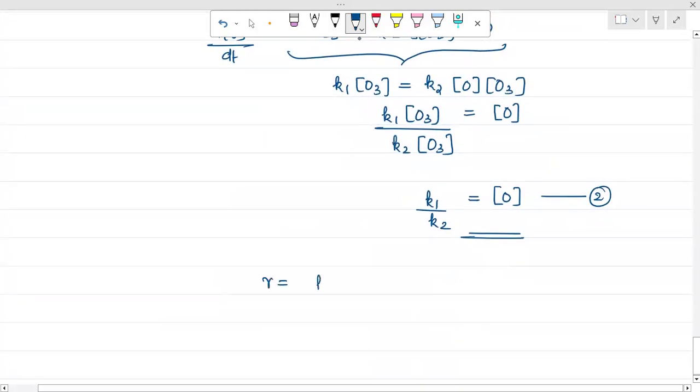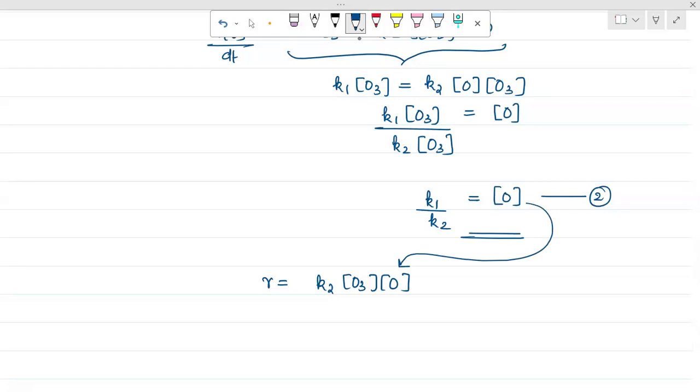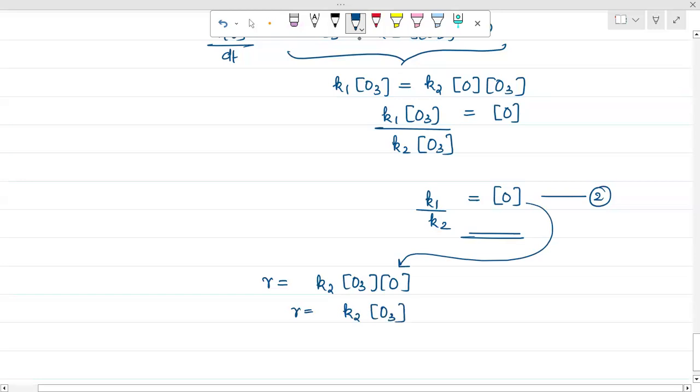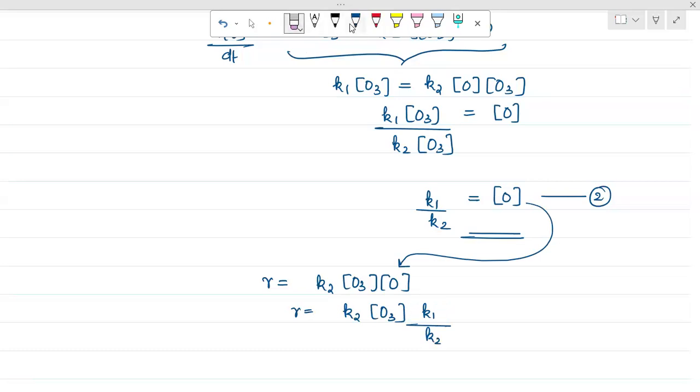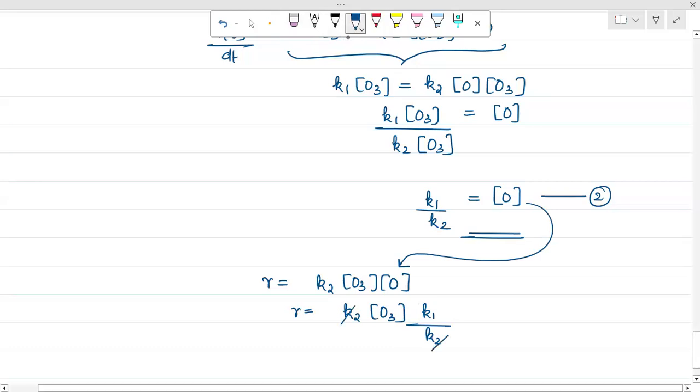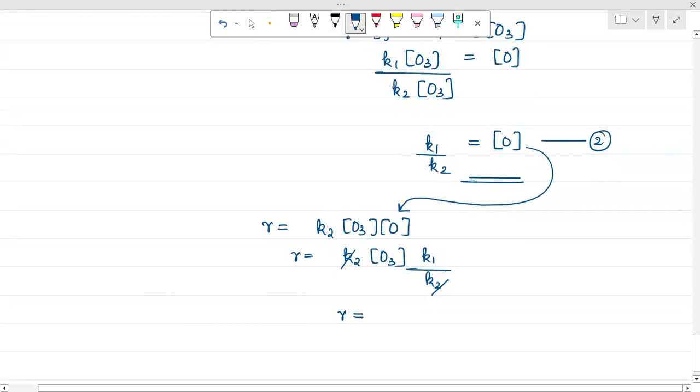So R was equal to K2 concentration of O3 into O. We will put this over here, and that becomes K2 O3 into K1 by K2. No need of brackets. So K2 gets cancelled. Overall rate is equal to K1 into O3. That's it.